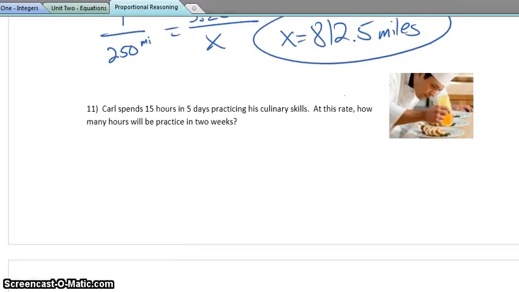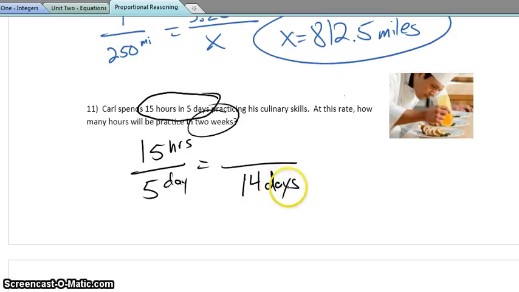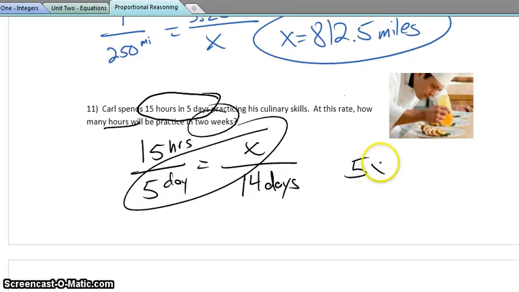Last, here's Carl working hard. Got 15 hours in 5 days. What does that equal? 2 weeks? Okay, well that's not days, but 2 weeks times 7 days is 14 days. And at this rate, how many hours? I don't know. X. Let's solve. 5x equals, we don't know.